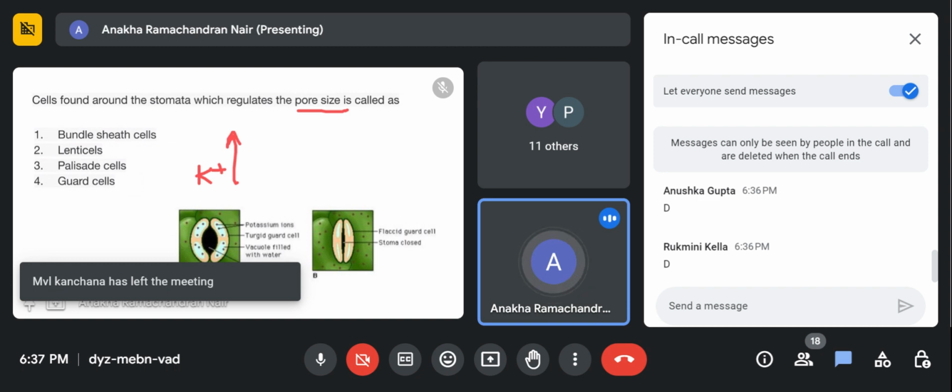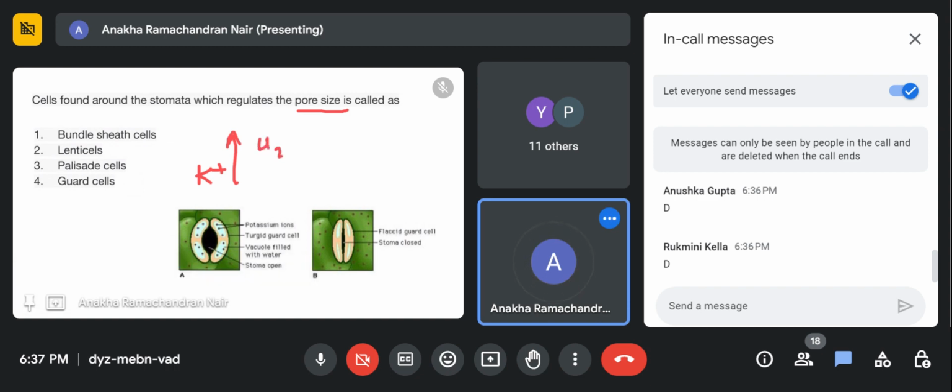So once the water potential decreases, water moves from an area of higher potential to an area of lower potential. So from the surrounding cells, the water moves inside the guard cells, and that causes the guard cells to swell up. And when that swelling happens, the stomata opens, because the guard cells take this shape.